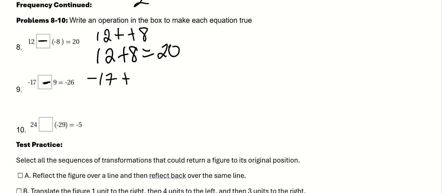Excuse me. If I add the opposite, you can now see the negative 9 is also negative. So if you have negative 17 plus more negatives, 9 more negatives, they will make negative 26.